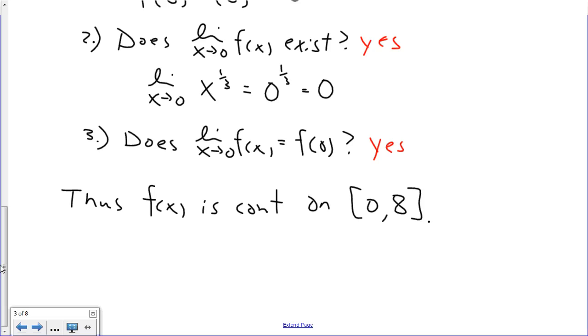The next part of this says to find the value of x equals c in the open interval from 0 to 8 at which the conclusion of the theorem is true.